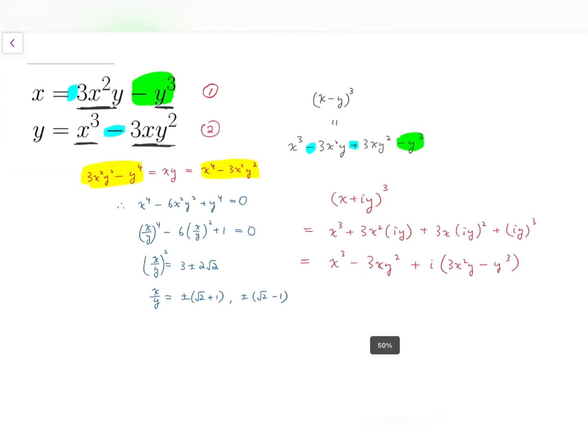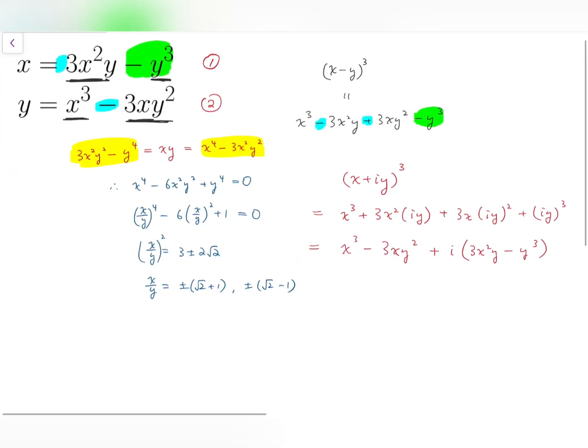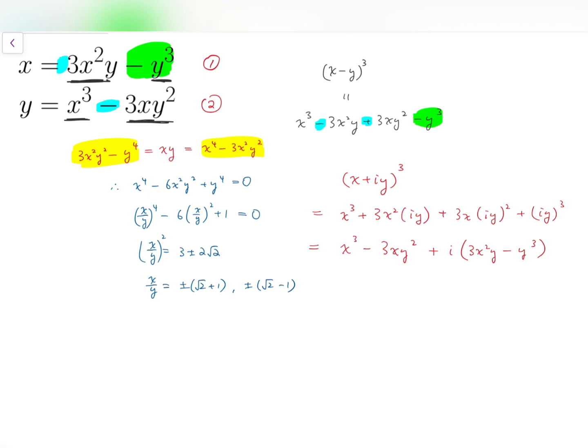So now from this, we've finally obtained a similar structure as the right side of the two equations. We have x cubed minus 3xy squared equal to the real part, while 3x squared y minus y cubed is equal to the imaginary part of x plus iy all cubed.